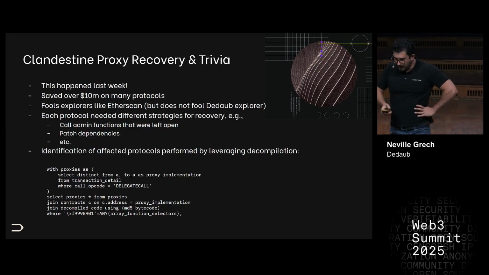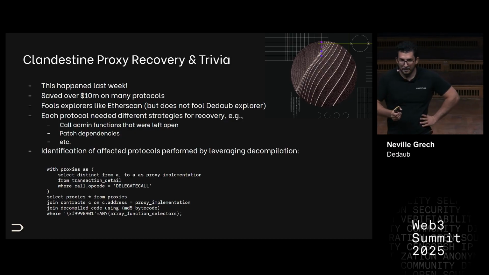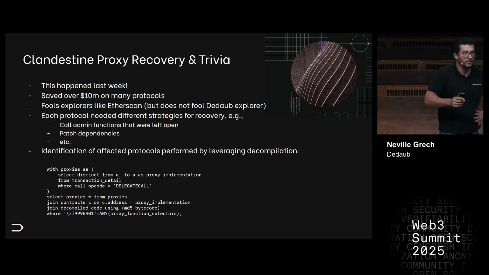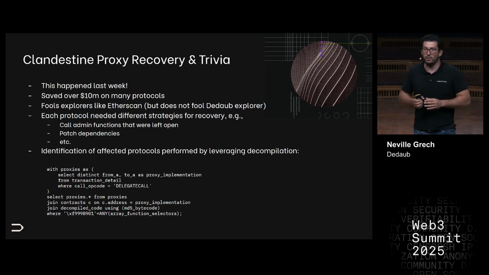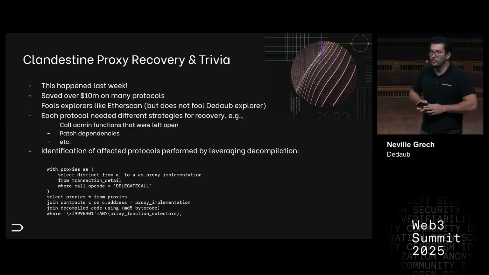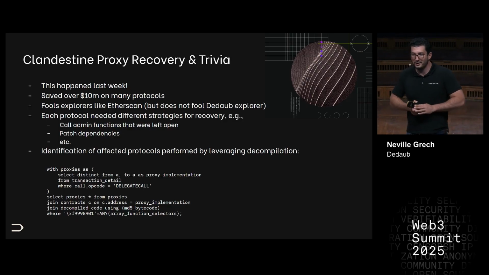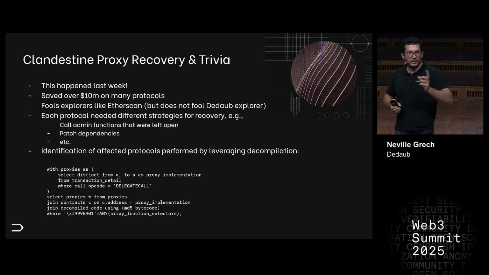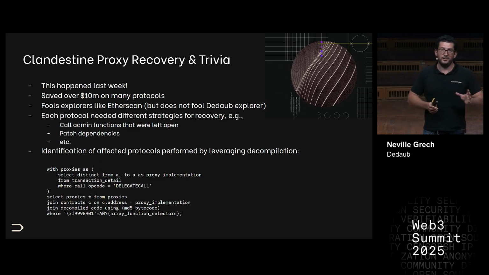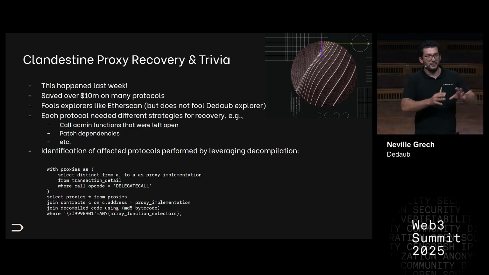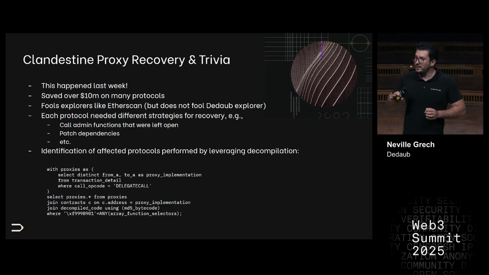So yeah. Now, the reason why I brought this up is that the attacker had many different variants of this malicious proxy. And we wanted to find all of them, in order to find all the protocols that had this issue. So what we did is we used our decompiler. We figured that all of these proxies had some common logic between them.